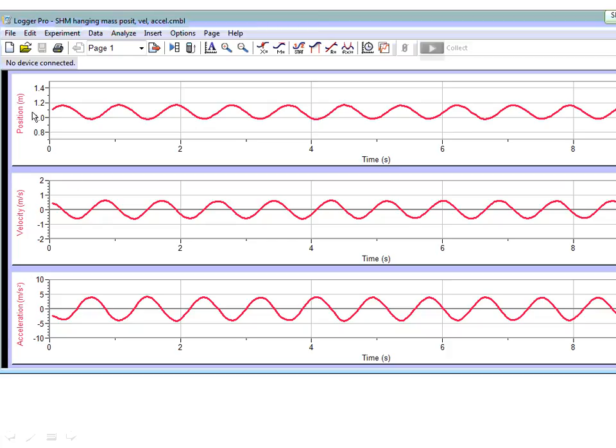Here is a position time graph, here's a velocity time graph, and here's the acceleration time graph. What do we notice about what they look like? They look like sine and cosine waves, right? Or if you want to be really fancy, you can say they're sinusoidal.